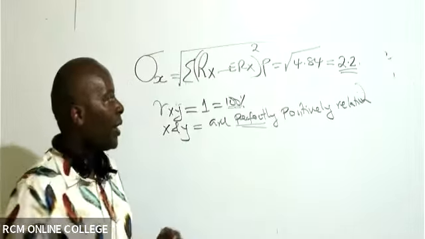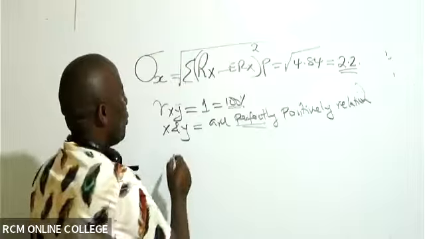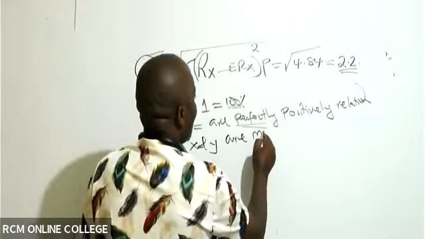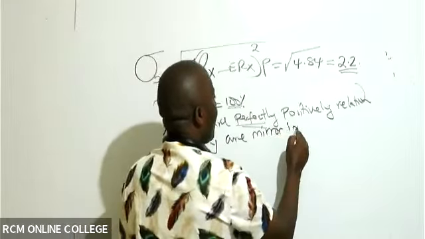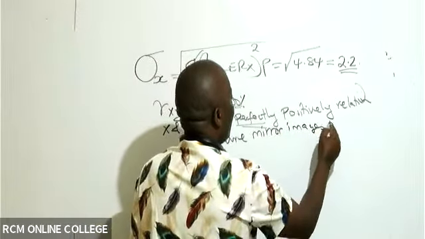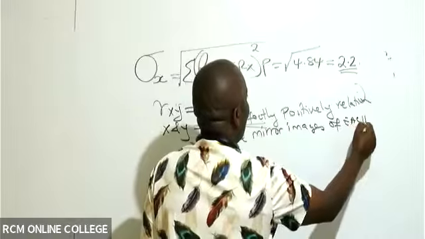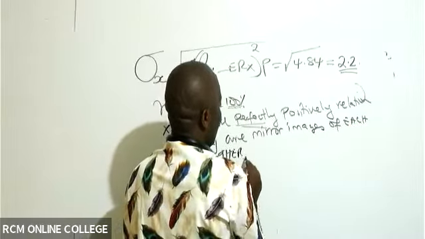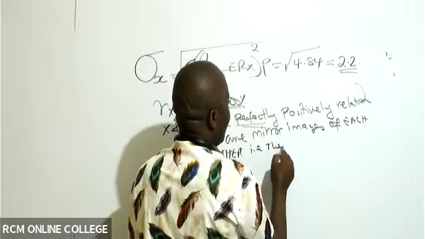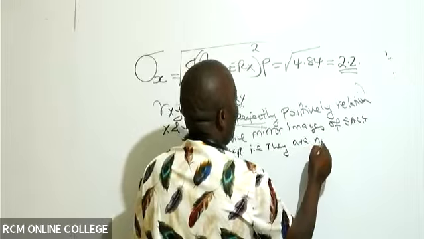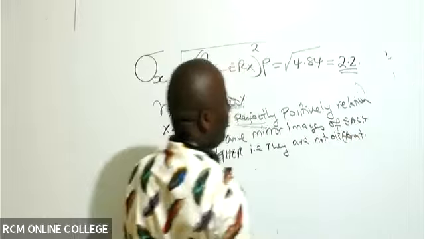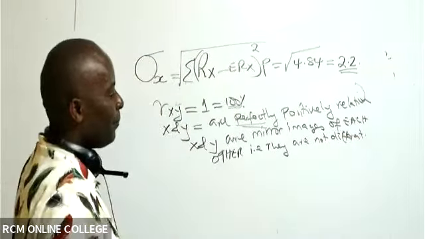This means that X and Y are mirror images of each other, i.e. they are not different.